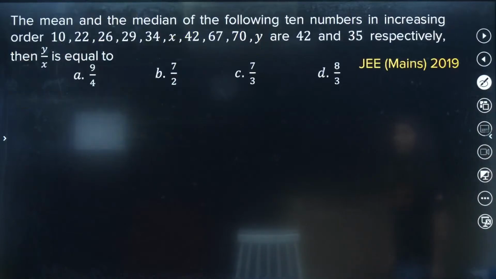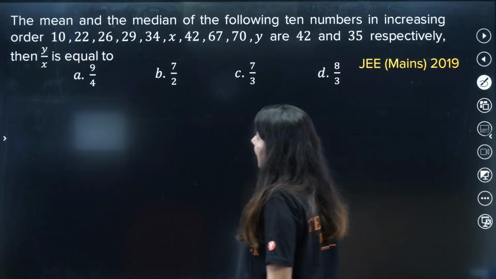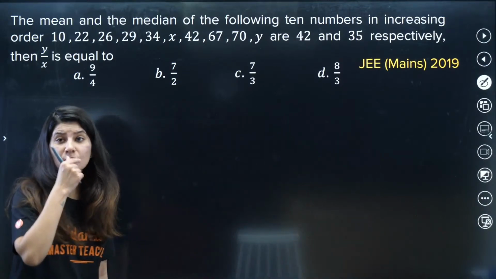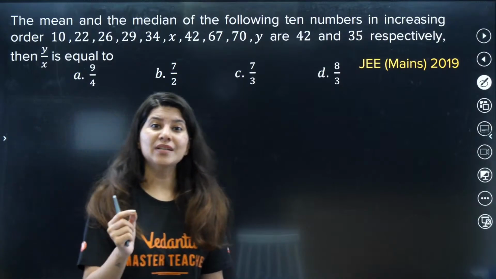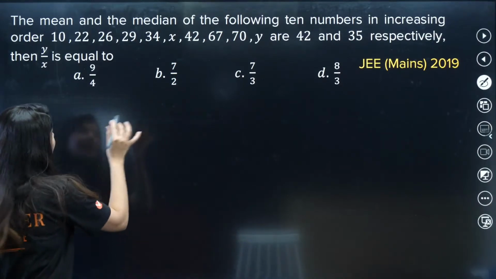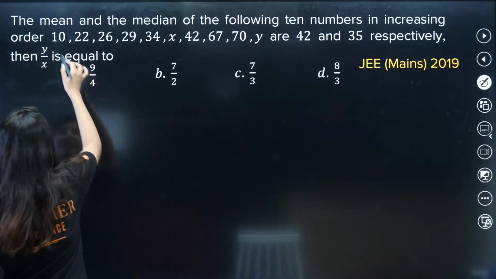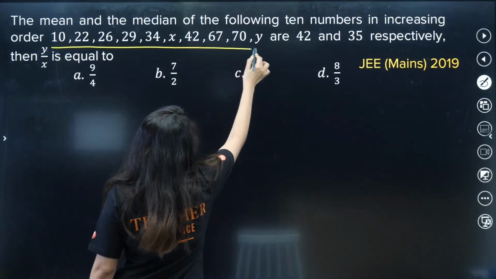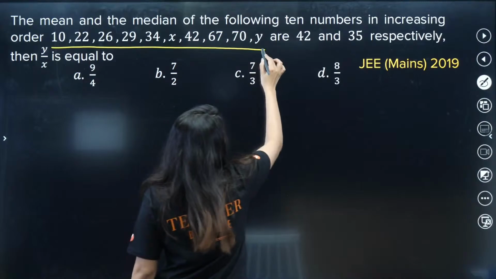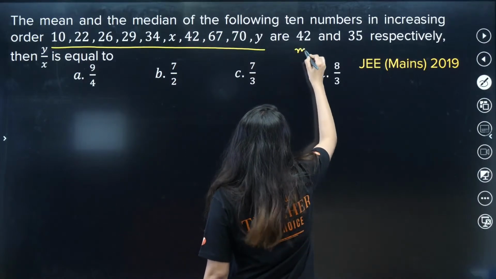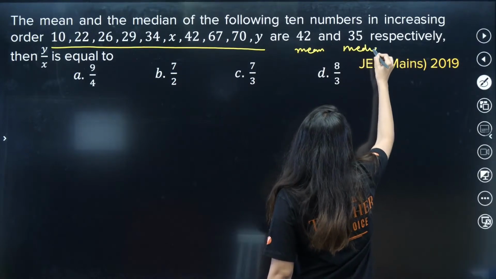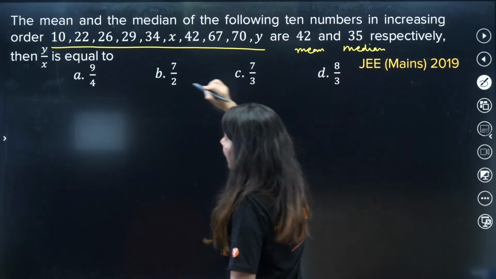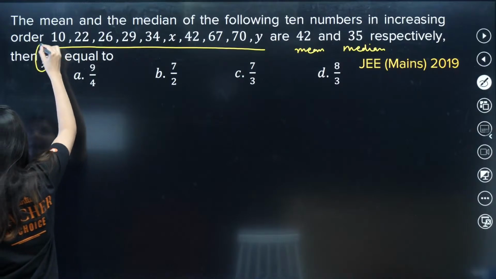Clear? Okay. So here we have a JEE Main 2019 question, all about mean and median. The mean and median of the following numbers in increasing order are already given. These are the observations. This is your mean, this is your median, and we need to figure out the value of y by x.